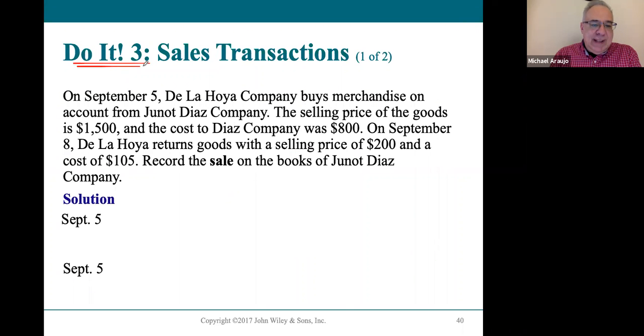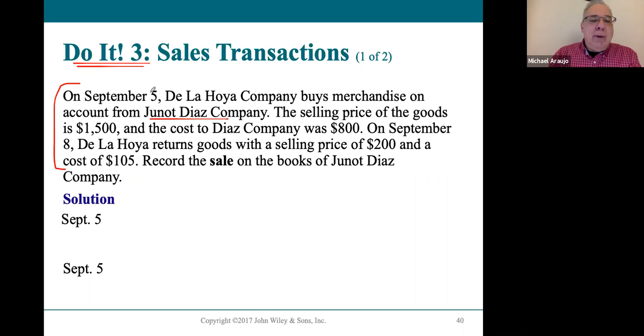So we are at the end of this story. And we're going to go back to our relationship between De La Hoya Company and Juno Diaz Company. Juno Diaz is the selling company. So we're going to be looking at this from the seller's perspective and doing the bookkeeping from the seller's perspective.